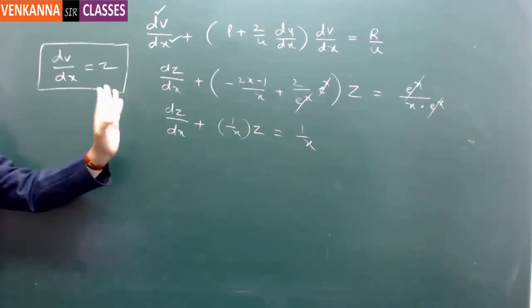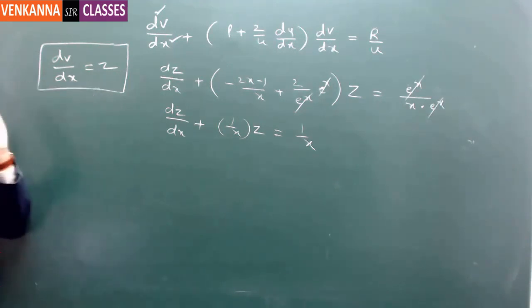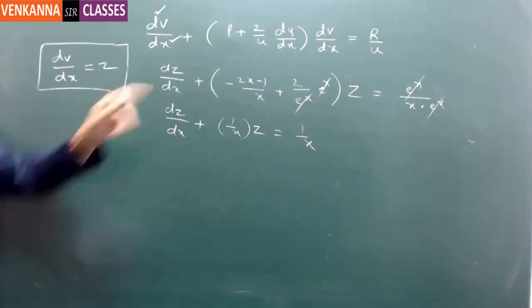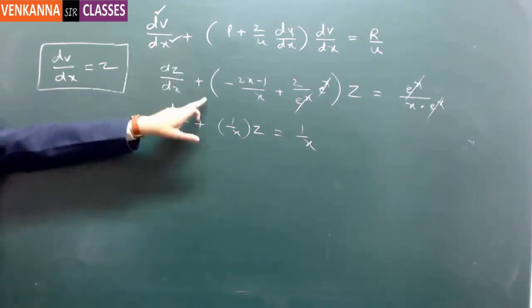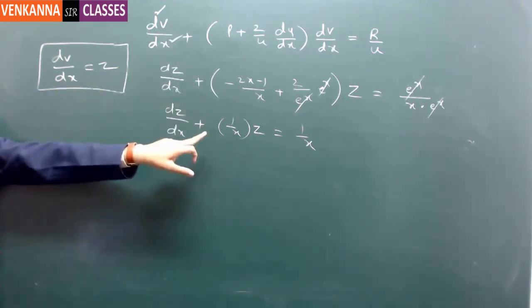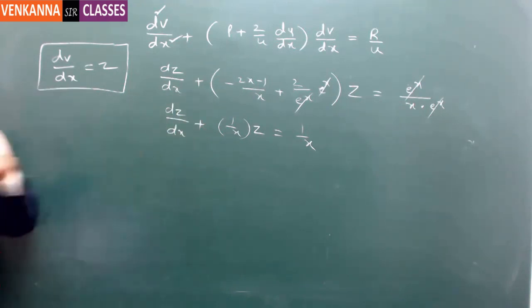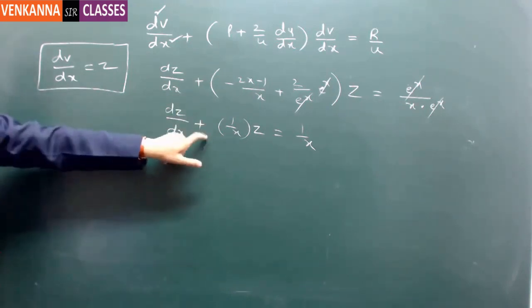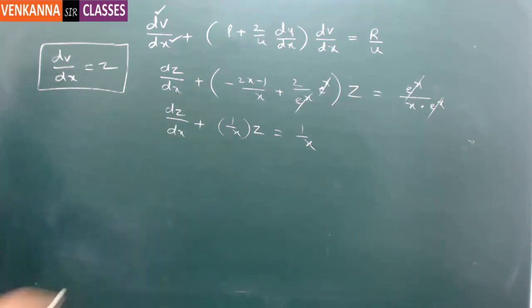That is by default always. So after finding u, after substituting respective values in this formula and simplifying, the resultant should be either variable separable or linear equation. Since it is linear, we go with the regular approach.